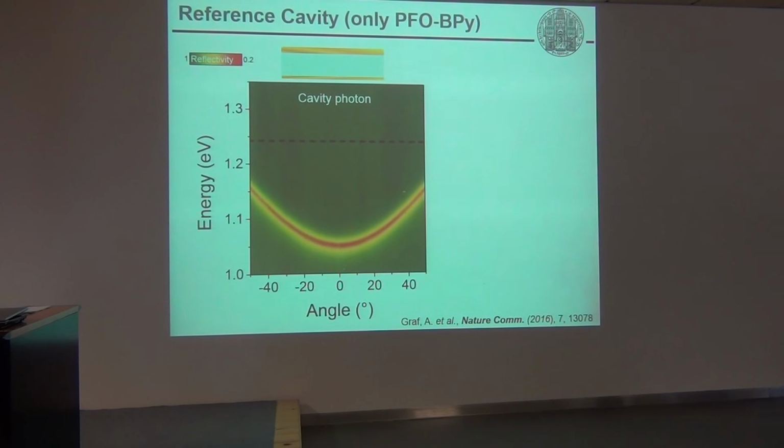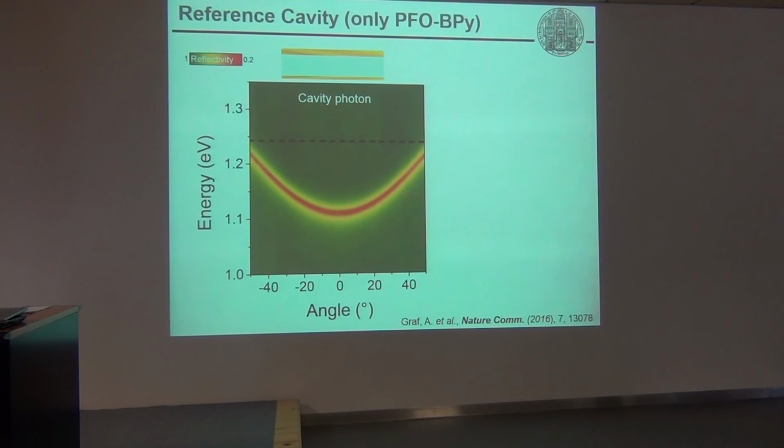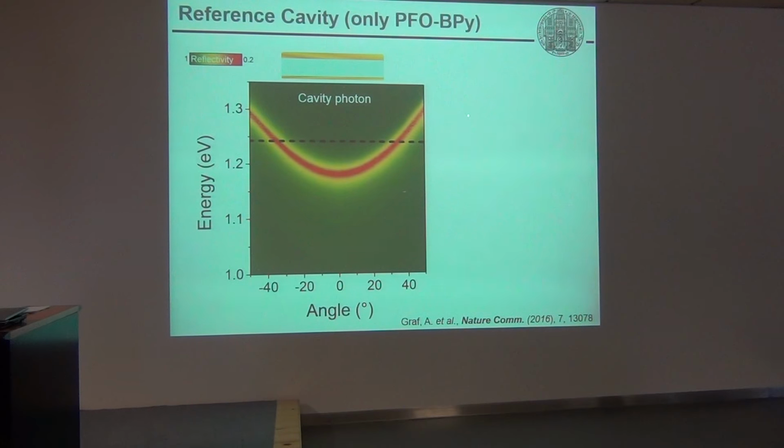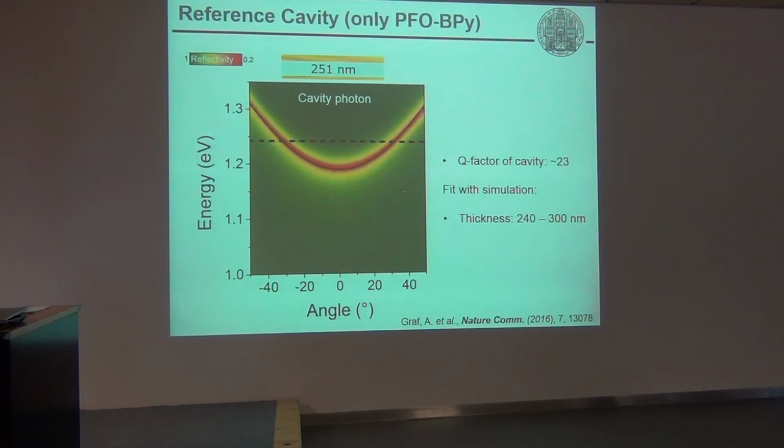So if you now change the thickness of your film, you see how this cavity dispersion is basically just moving in energy, as you would expect. Yeah? So this is the typical thing. The dotted line here is where we would expect our exciton for the carbon nanotubes. Now we put the carbon nanotubes in, or well, I should say the quality factor is terrible. But that's thankfully no problem for us.